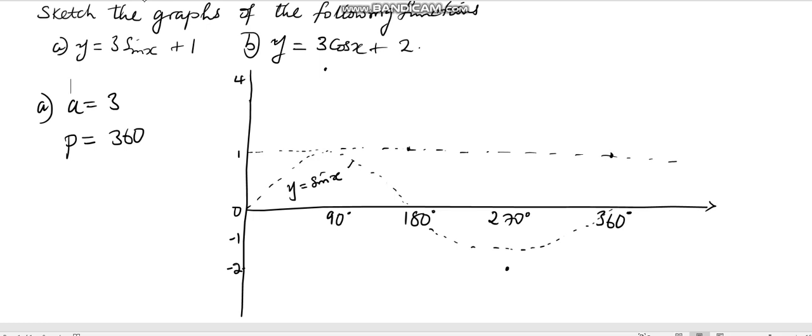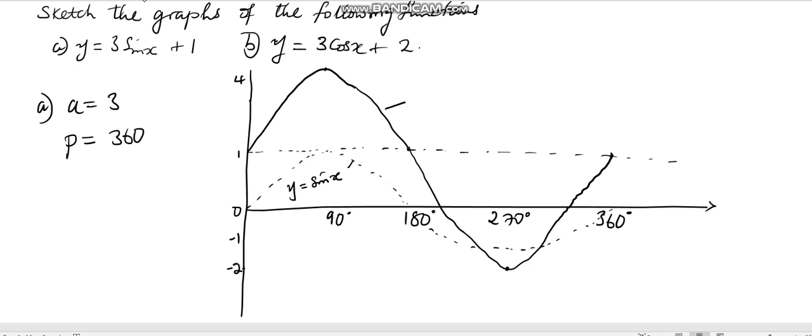So this graph is going to be like, to start from that point, go to 4 there, and back through 180 at 1, then all the way down to negative 2 there, then it will go back to 360 like this.